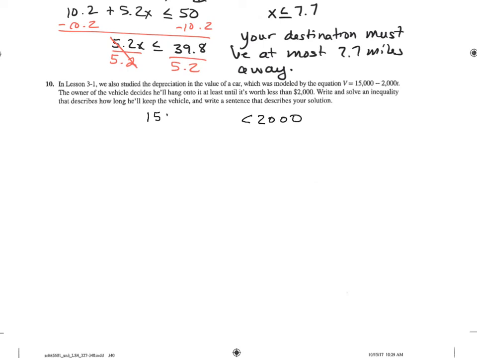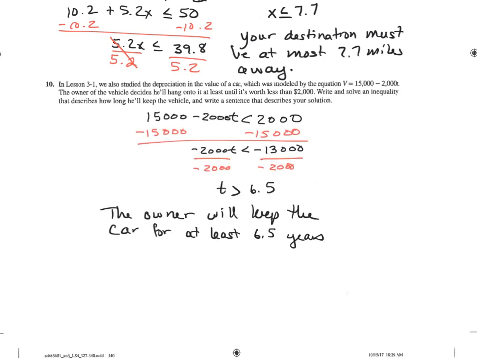Well, here's the value of this particular car. And once the value is less than $2,000, he's going to get rid of it. All right, so go ahead and pause this and solve. And remember all the rules that we learned regarding solving an inequality.